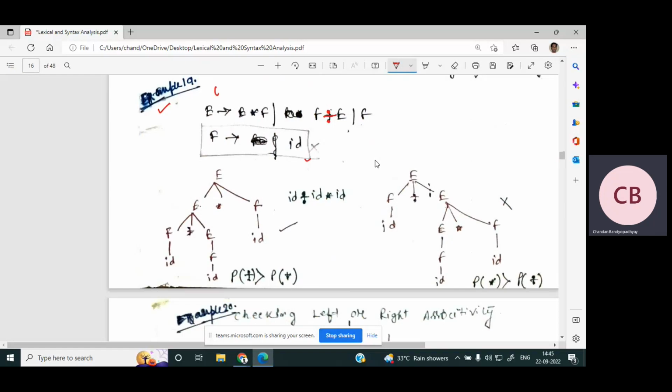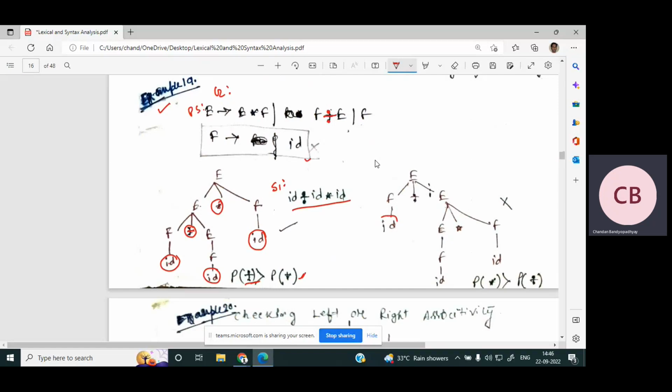For this grammar, which has these production rules, what is the precedence of the operator asterisk and division? This is a question. Now for the string S1 you have taken ID division ID star ID, for example. Division is coming first, so that means division will have the higher precedence than star.